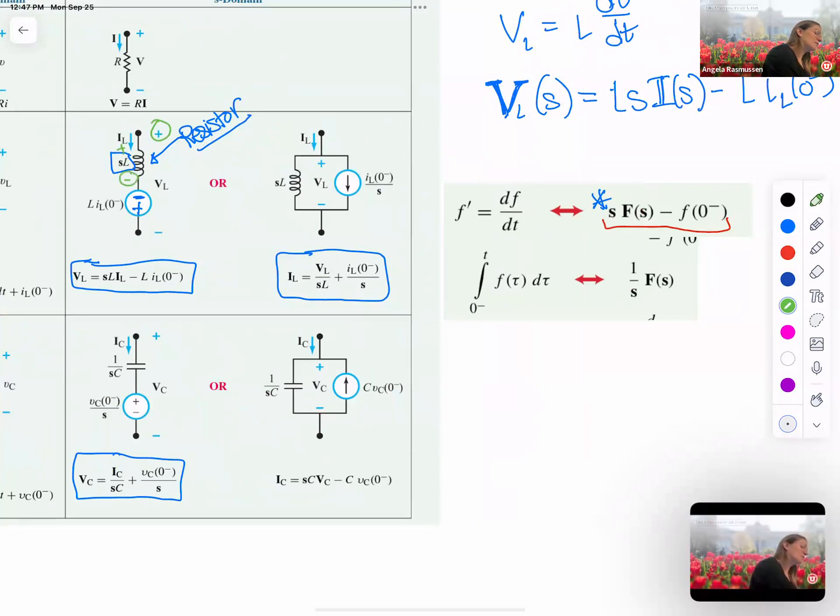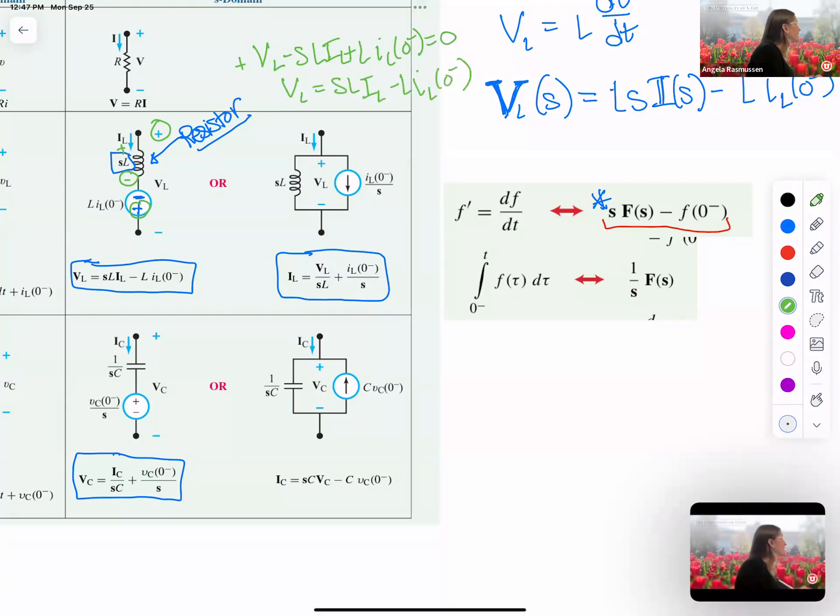So this is plus VL minus SL IL plus L IL(0 minus) equals 0. Then you can rearrange that to be VL equals SL IL minus L IL(0 minus). Does that make sense?